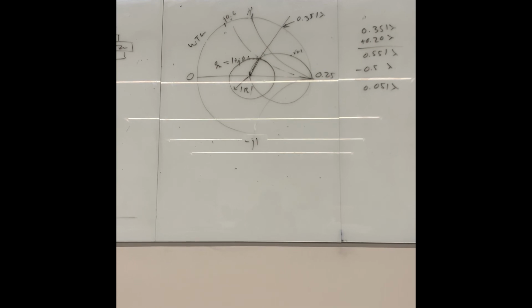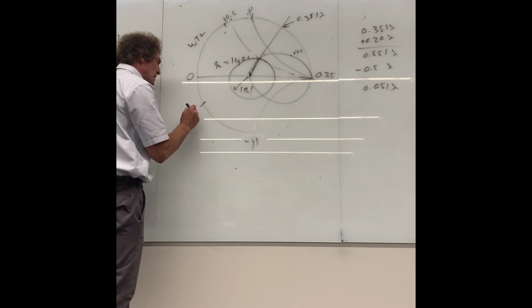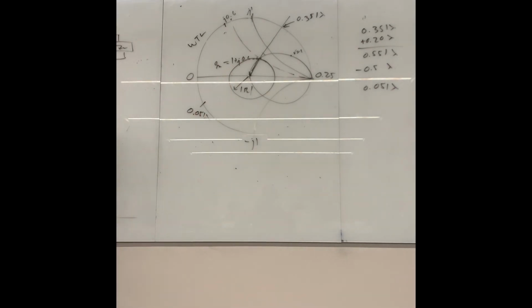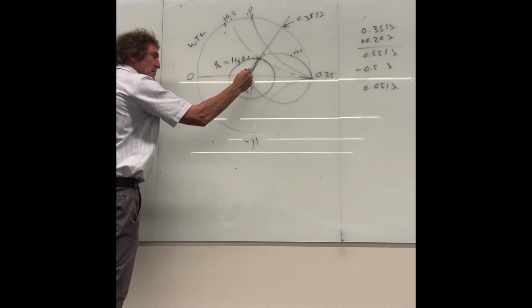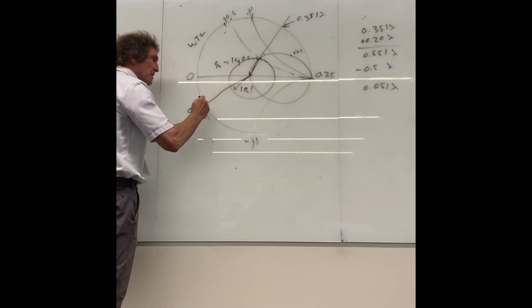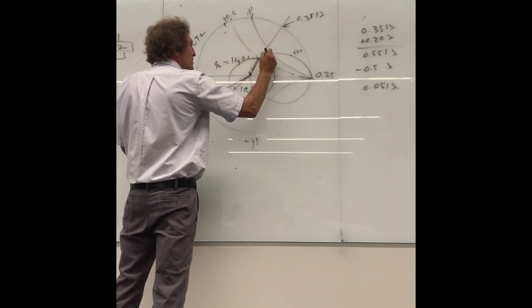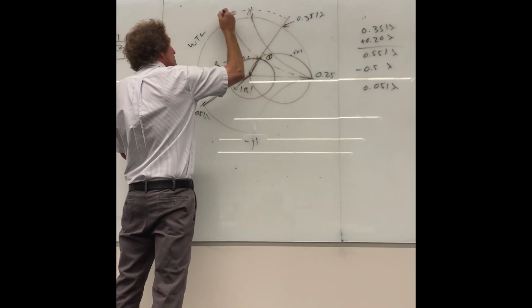Okay, it's about here. 0.051 lambda. You all see that? Draw a straight line from the center through there. And just note this is actually 0.1. Now our trajectory goes this way.